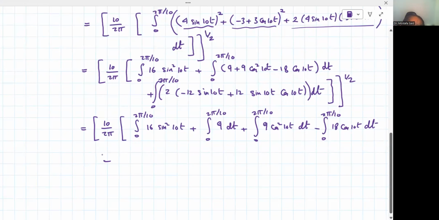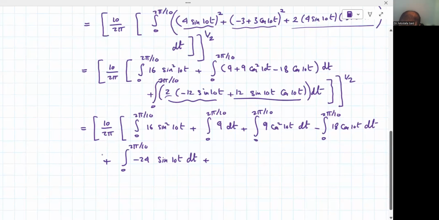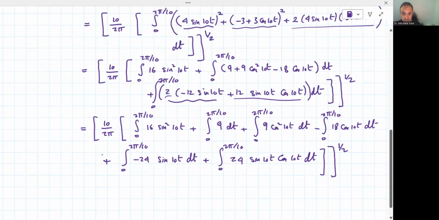So plus, from 0 to pi over 10, now 2 multiplied by minus 12, so minus 24 sine t, plus multiply the 2 by the 12 sine cosine. So it's gonna be from 0 to pi over 10, 24 sine 10t cosine 10. That's it, I believe. We close the first bracket, we close the second bracket, and don't forget the half.